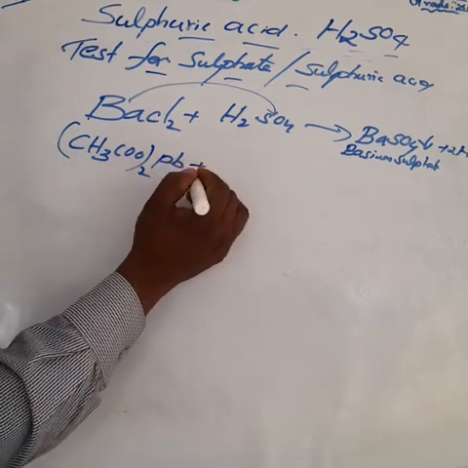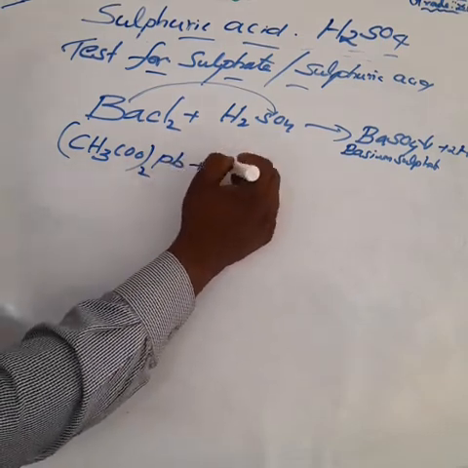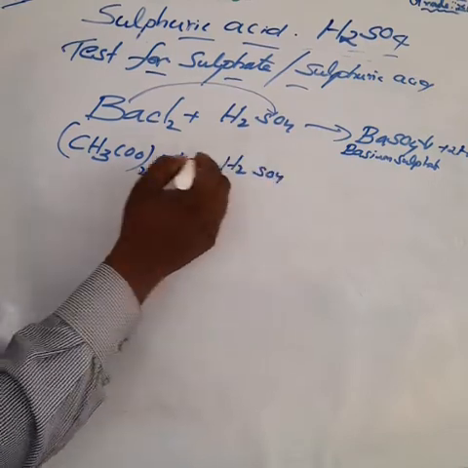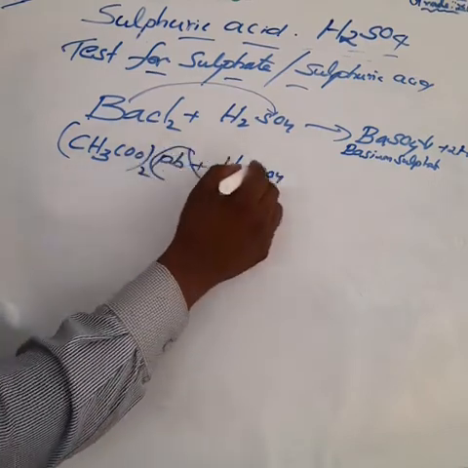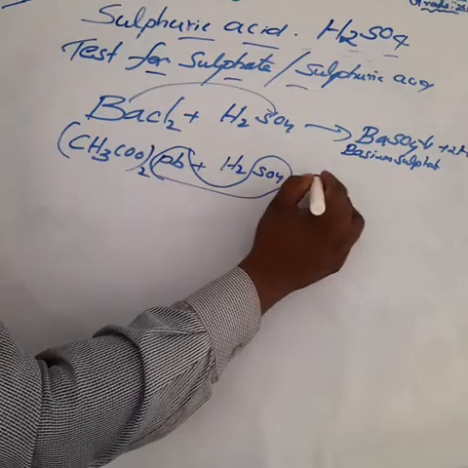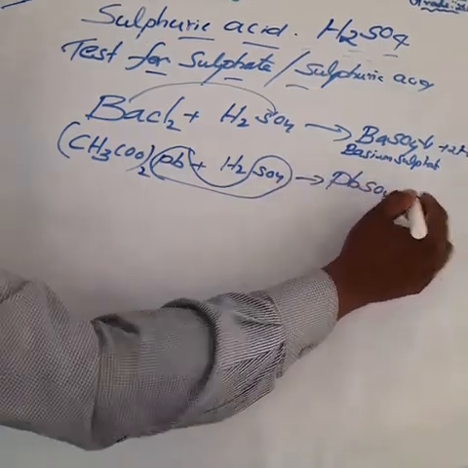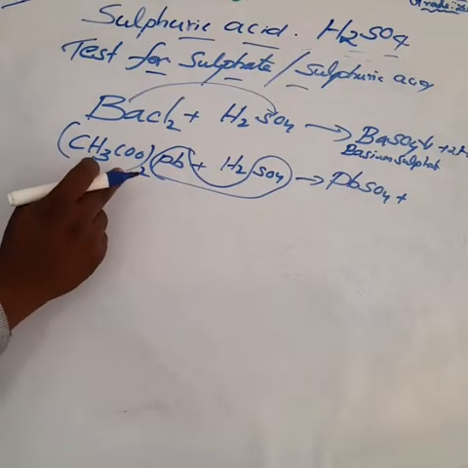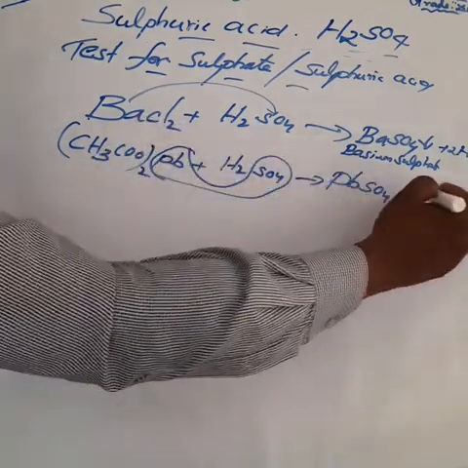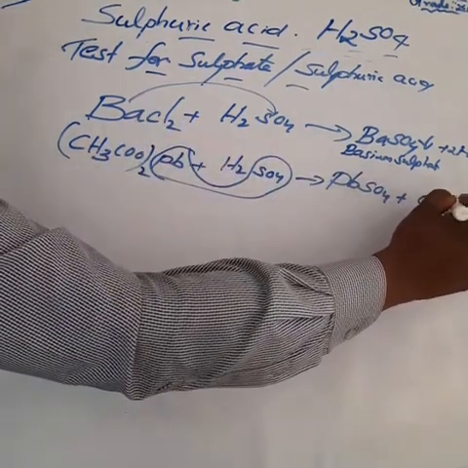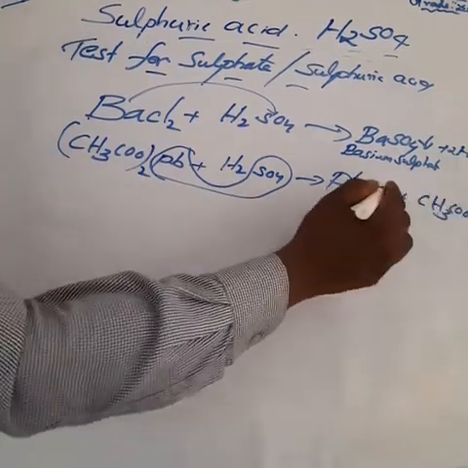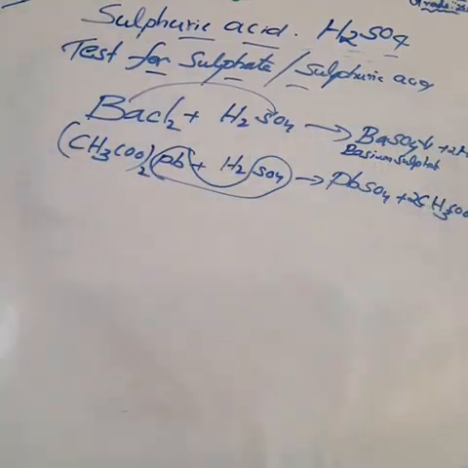This lead acetate reacts with sulfuric acid, H2SO4, and lead combines with the sulfate to form lead sulfate. And also we get 2 hydrogens, which combine with the 2 acetates to give acetic acid, CH3COOH.